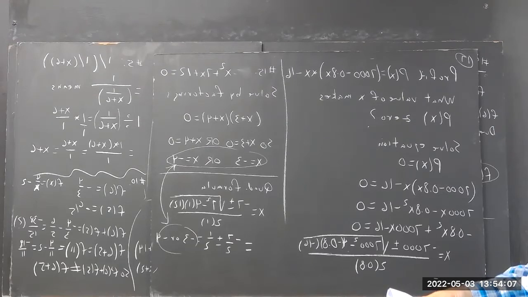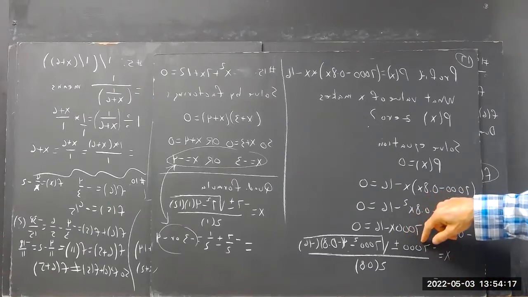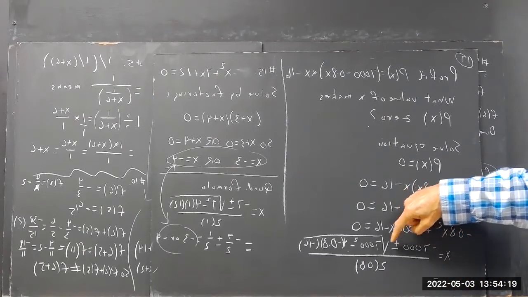what value of x results in profit 0, and that p of x is maximized when x is halfway between these two values, right? Now, what's halfway between the plus value and the minus value?